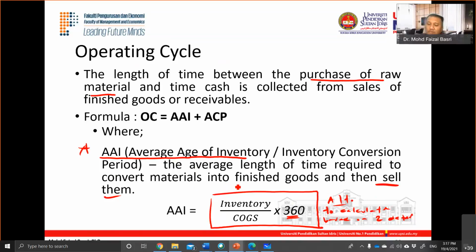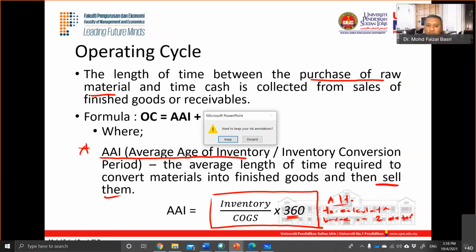Remember the definition? I repeat again. The definition of average age of inventory is the number of days taken from the day they purchase raw material, then convert into finished goods, and then sell the finished goods. So meaning from the day they purchase raw material until the day they sell.